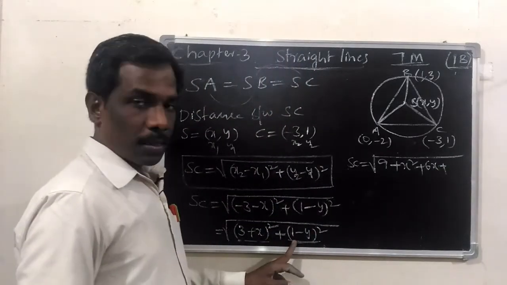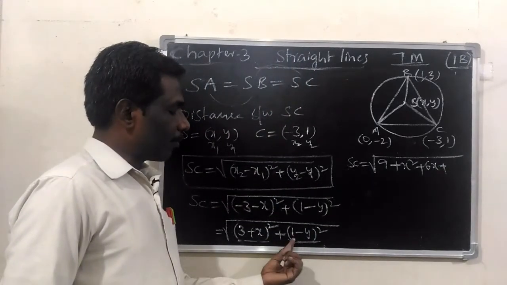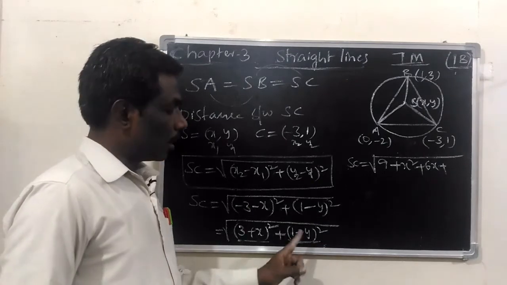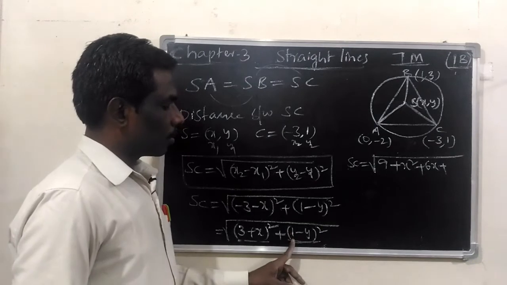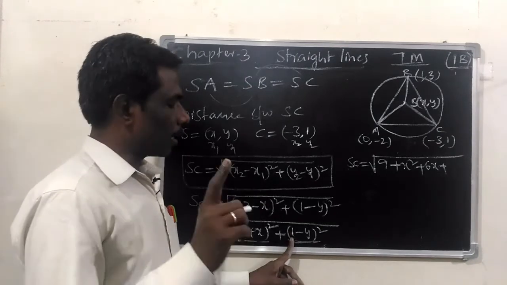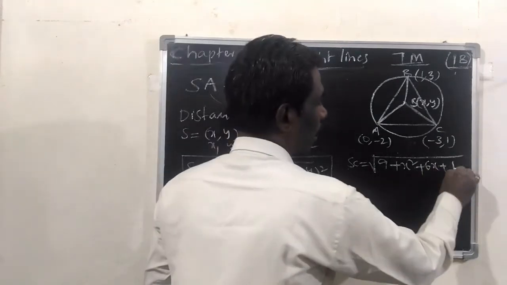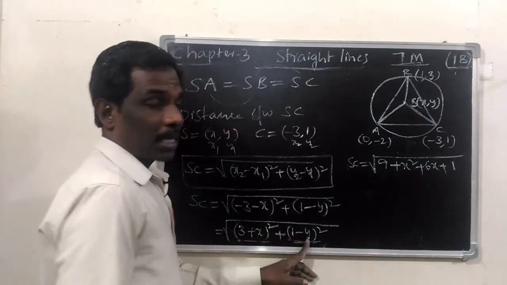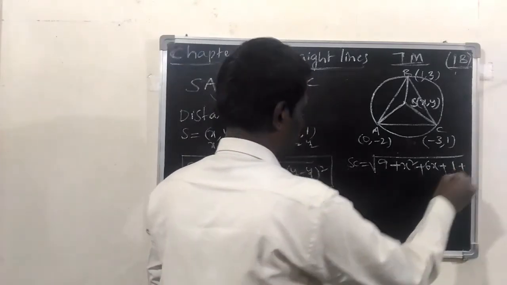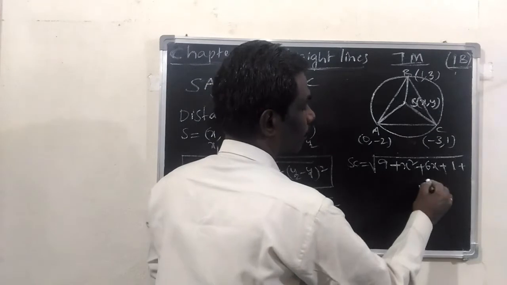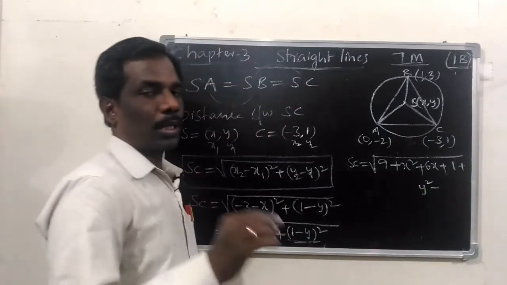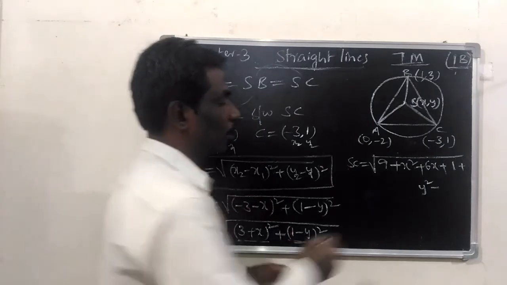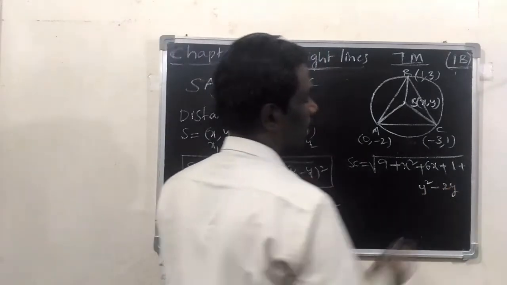Plus, here I am expanding 1 minus y whole square. In place of a is 1 and b is y. So for a square, write 1 square. 1 square is what? 1. Plus b square. Plus b square is what? y square. Minus 2ab, 2 ones are 2, 2 into y is what? 2y.